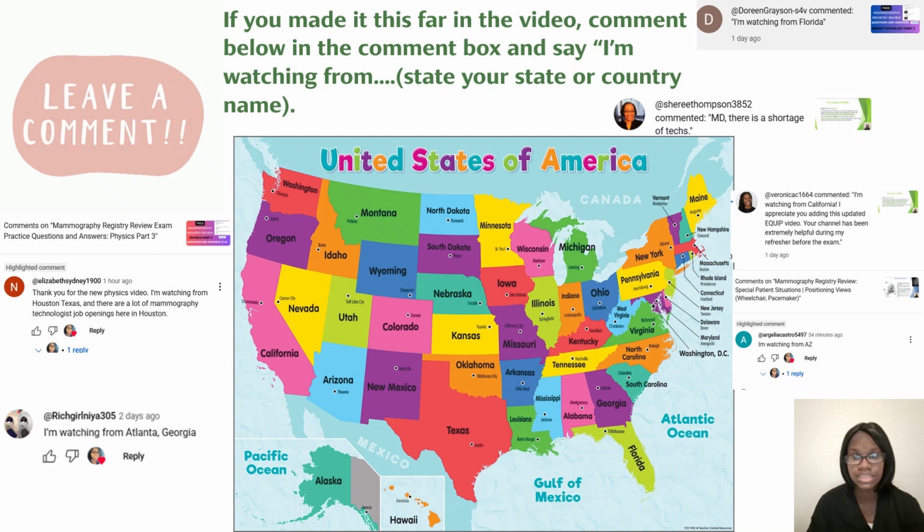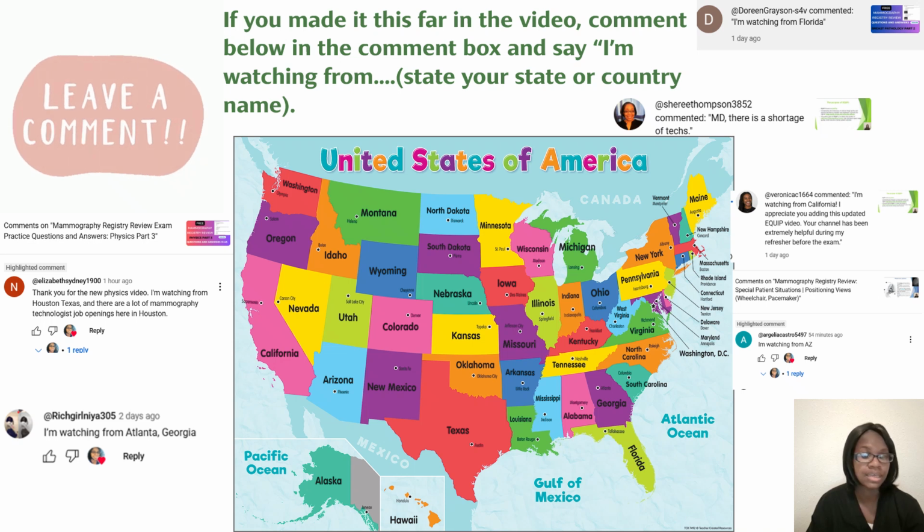I'm sure all of your states have plenty of jobs available. I can't speak for Arizona because I haven't been, or Maryland, because I haven't heard a lot of people move to or from those states, but I know from California, there's a lot of people moving from California or moving to California.